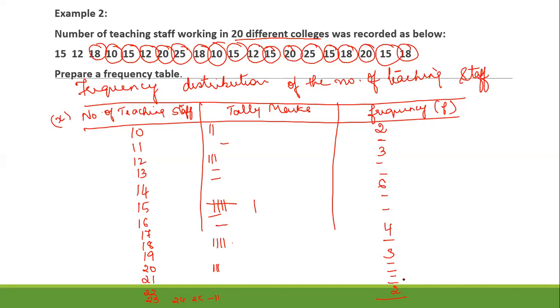When you add this, do you get 20? 6, 7, 8, 9, 10, 11, 15, 16, 17, 18, 19, 20. So N is equal to 20. That means your frequency table is right.